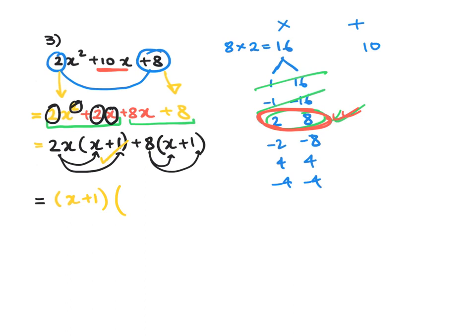What's left? 2x, plus 8. And this would be it. Please remember, here it's multiplication, but in this part you have to have either plus or minus. You can't have nothing there, because that would mean multiplication, but it's not. So we have to have plus.